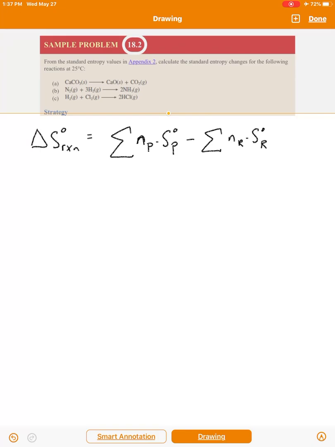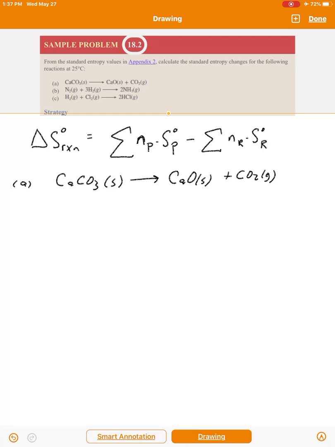So let's take a look at A. A is the reaction CaCO3 solid goes to CaO solid plus CO2 gas. So we look up the entropy values for each of these substances.